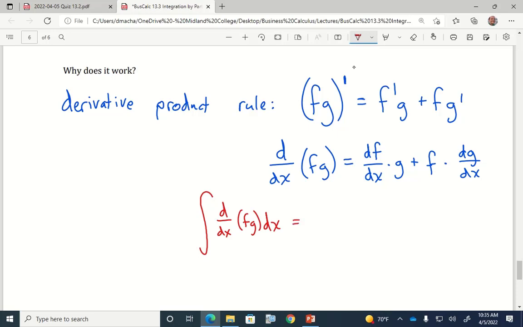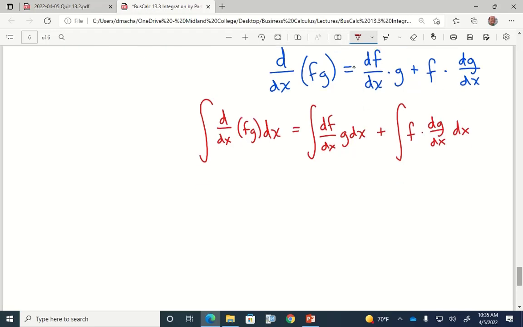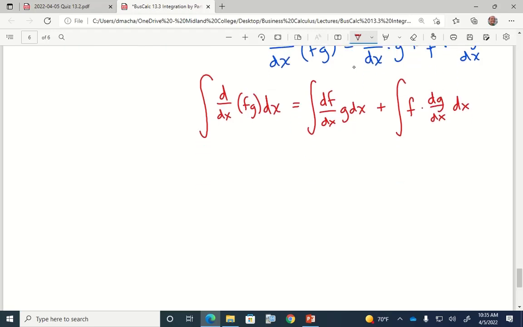And on the right side, I have to take the antiderivative of the derivative of f with respect to x times g, plus the antiderivative of f times the derivative of g with respect to x, like this. And this equation is still balanced because I did the same thing to both sides. On the left side I took the antiderivative, on the right side I took the antiderivative, so we're all good.